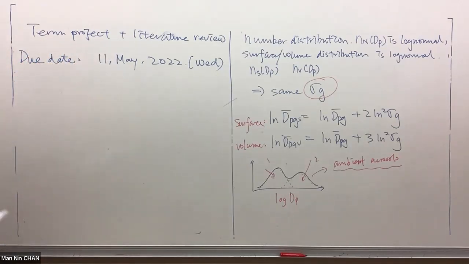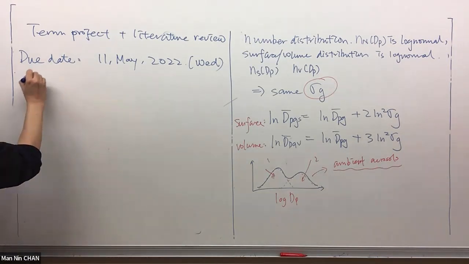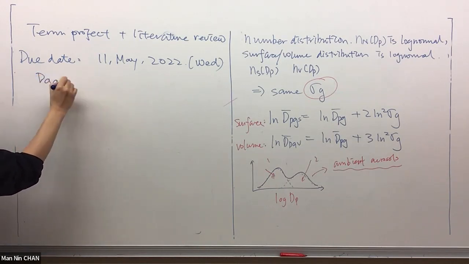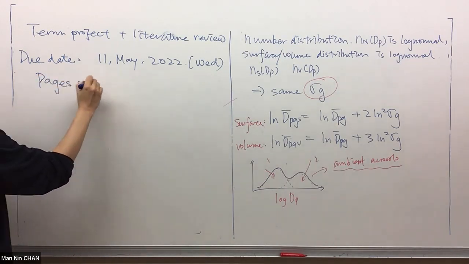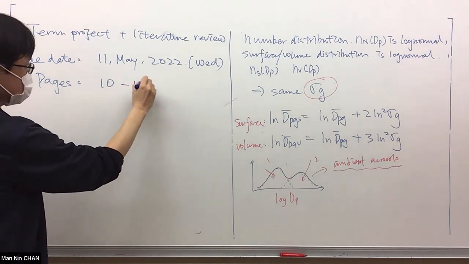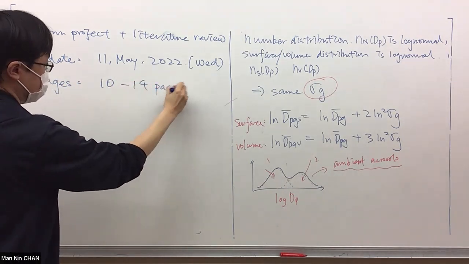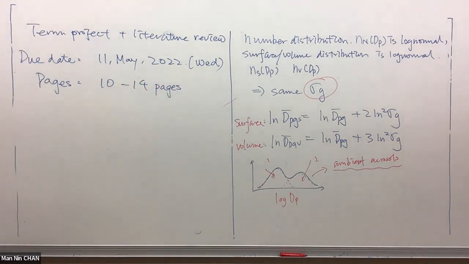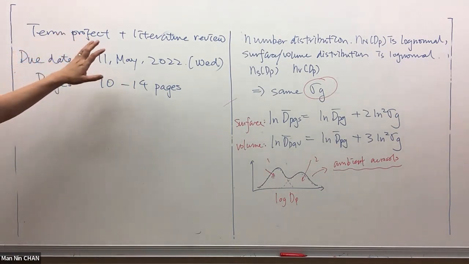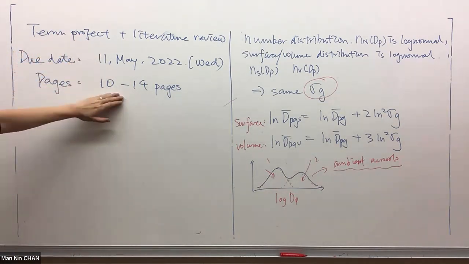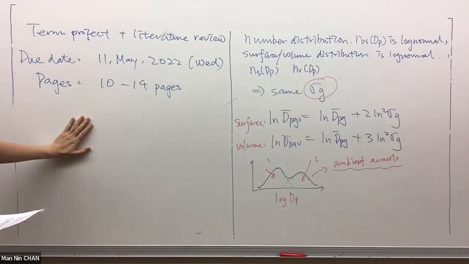I assume you're concerned about the content, or the number of pages. I would suggest 10 to 14 pages for your term project and also your literature review. Of course, the standard: 1.5 spacing and font size 12.